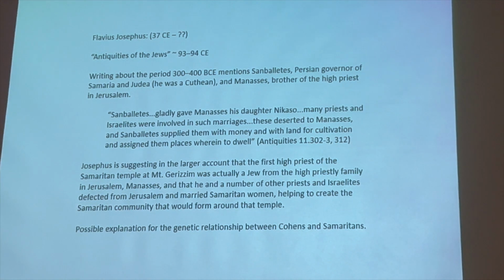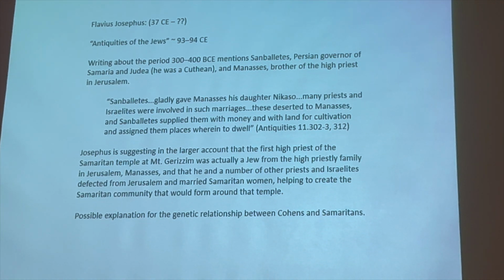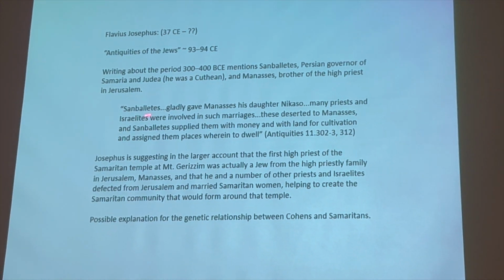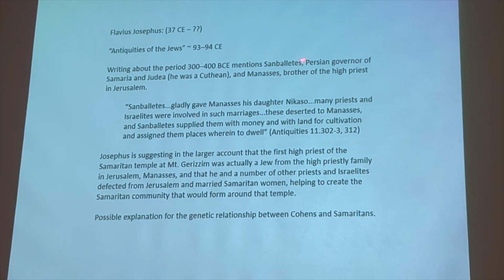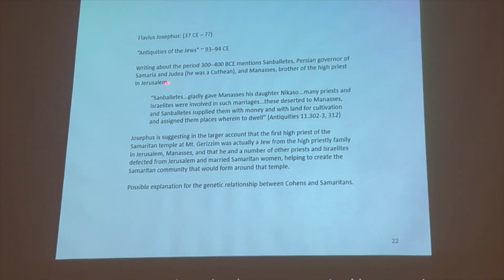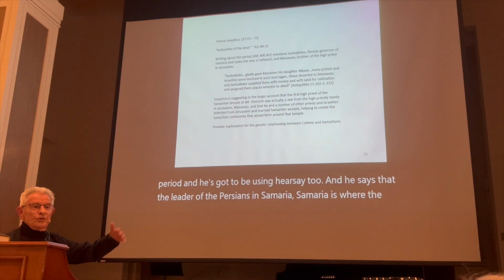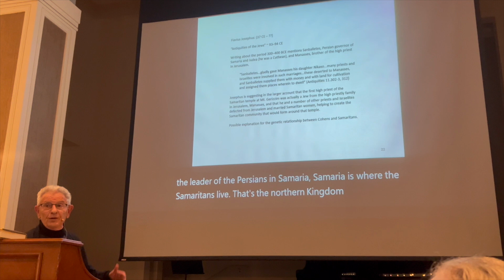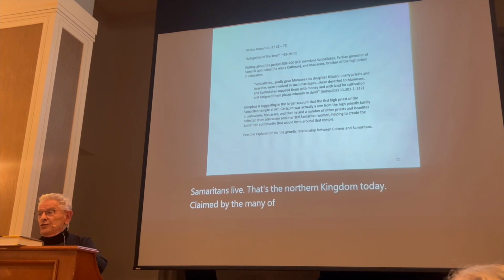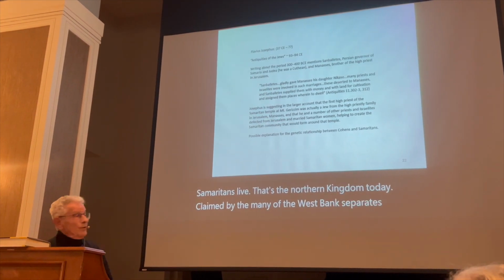Now, he's got to be using hearsay too. And he says that the leader of the Persians in Samaria is where the Samaritans live. That's the northern kingdom today, claimed by many of the West Bank settlers to be part of Israel.